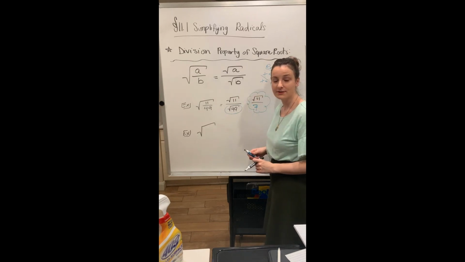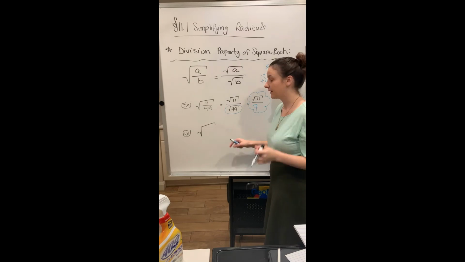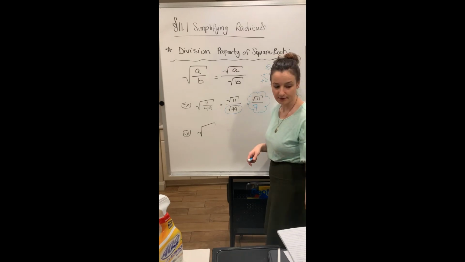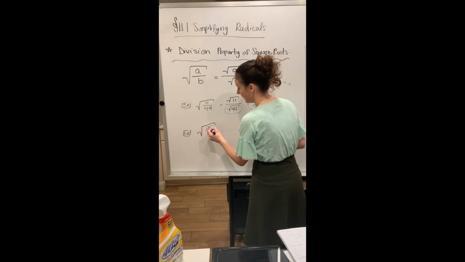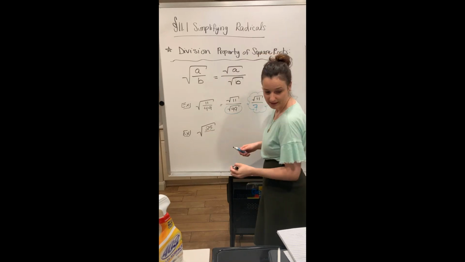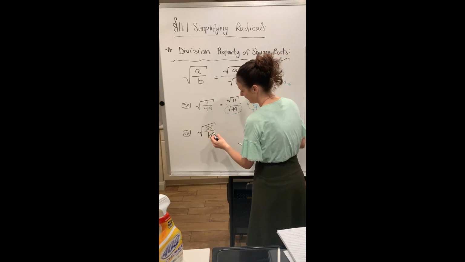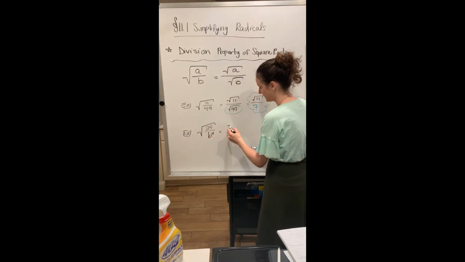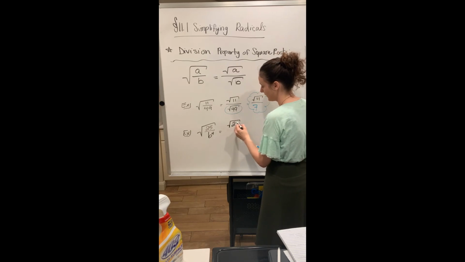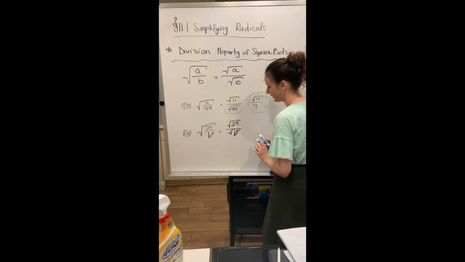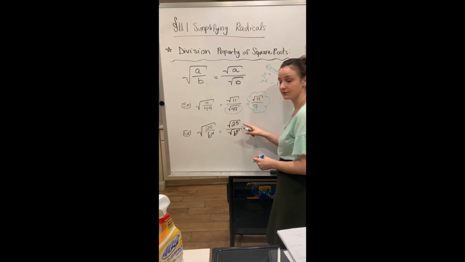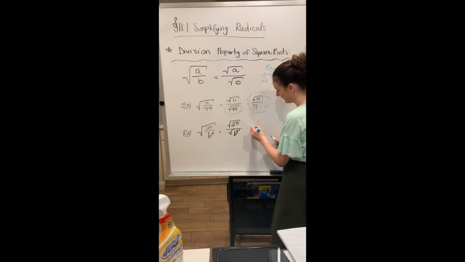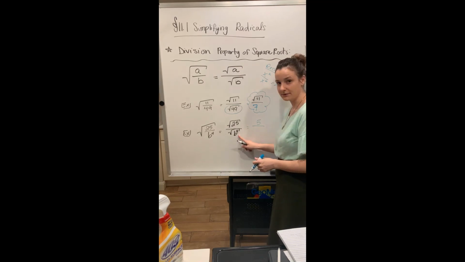Again, this property is going to apply to variables as well as numbers. So if I have the square root of 25 divided by b to the fourth, I can break this up by taking the square root of the numerator 25 and taking the square root of the denominator b to the fourth. The square root of 25 is 5 divided by the square root of b to the fourth.